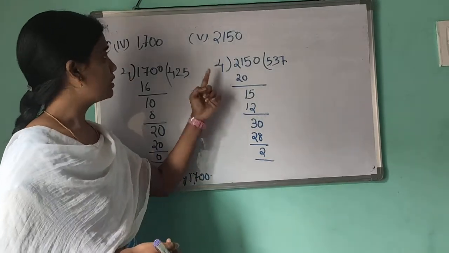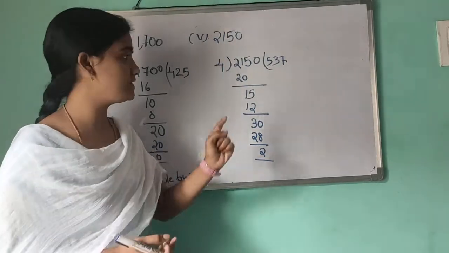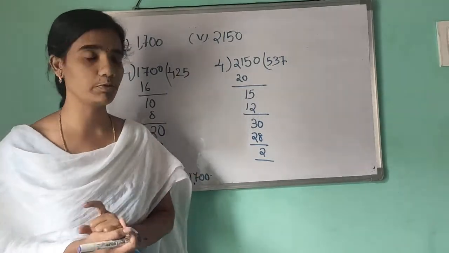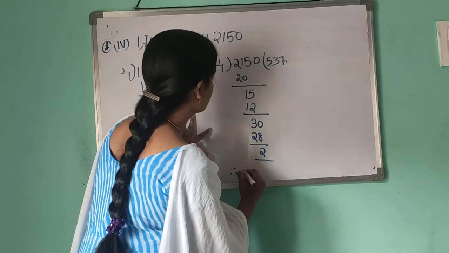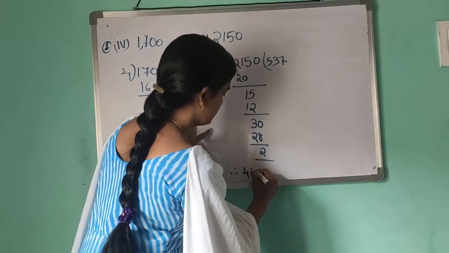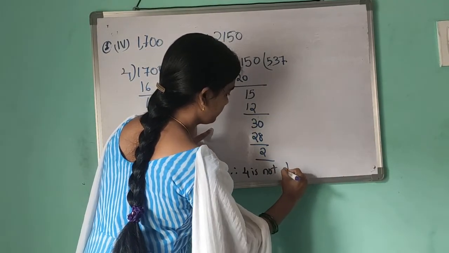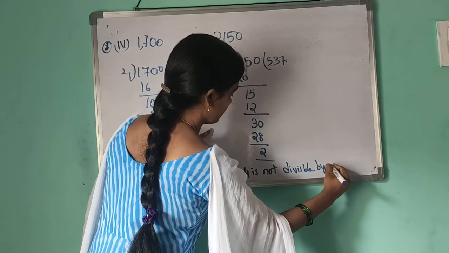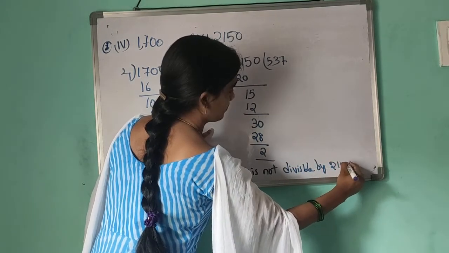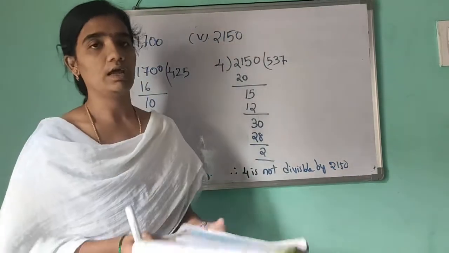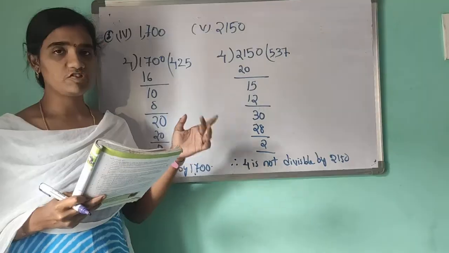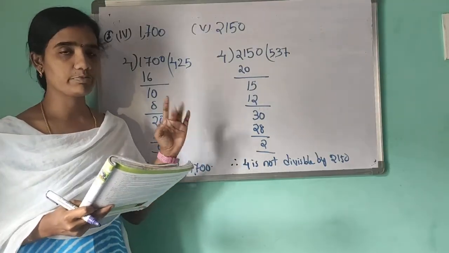So 2150 is not divisible by 4. So in this first bit, which of the following numbers are divisible by 4?